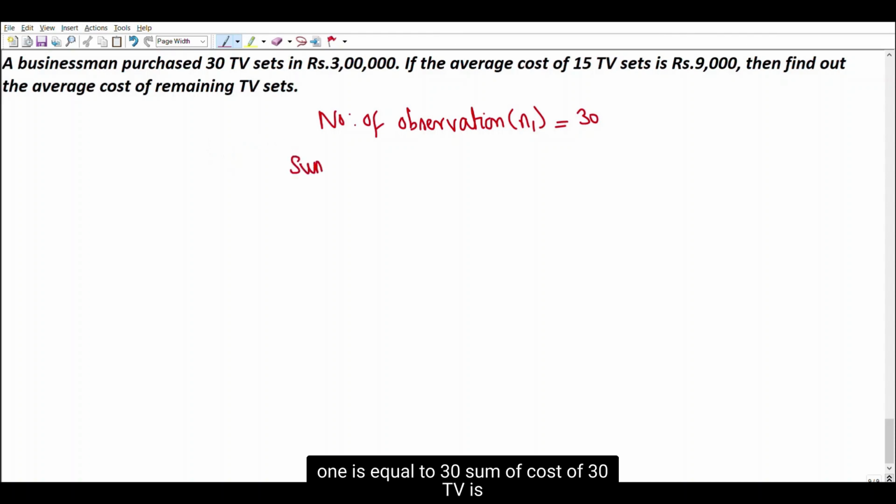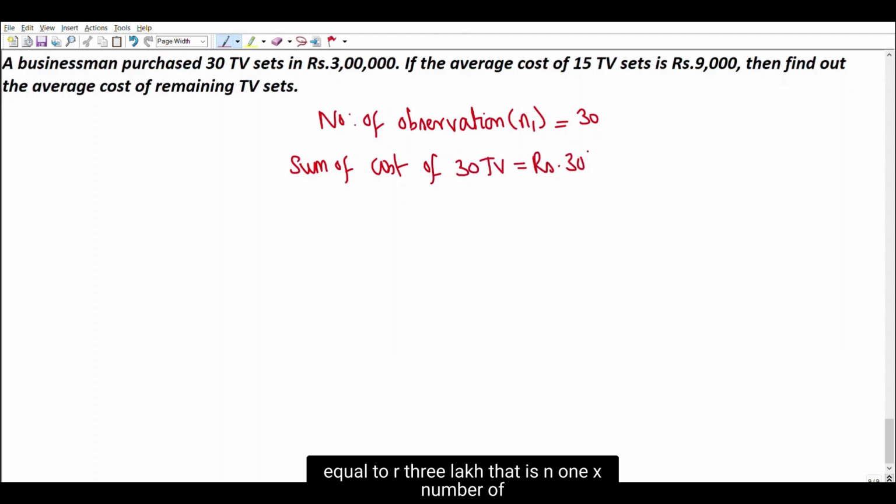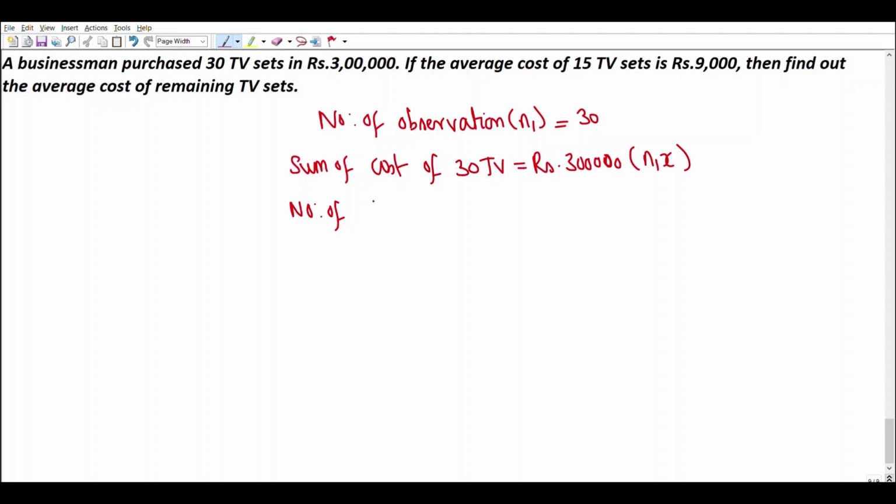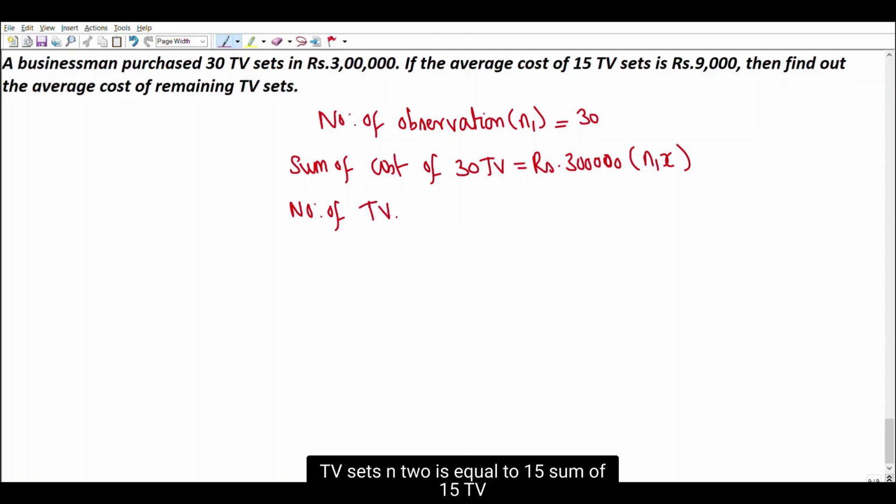Sum of cost of 30 TVs is equal to rupees 3 lakh, that is n1x. Number of TV sets n2 is equal to 15.